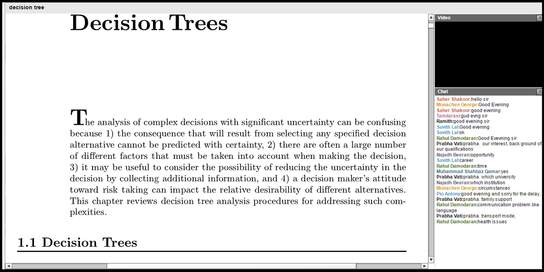And the fourth aspect is that a decision maker's attitude towards risk-taking can impact the relative desirability of different alternatives. Some people like to take risk, some people don't. Is that true? Some people are high risk takers. They can decide to do things that are going to keep other people breathless. But other people are very scared.